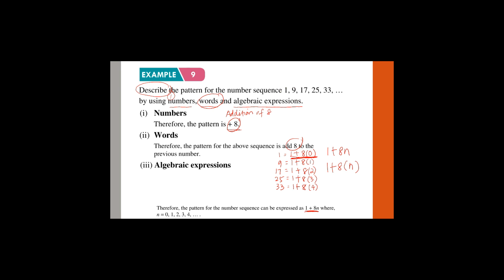For example, I have a list of 4, 8, and dot, dot, dot. Okay. 4, 8, 12, 16, 20, and dot, dot, dot.